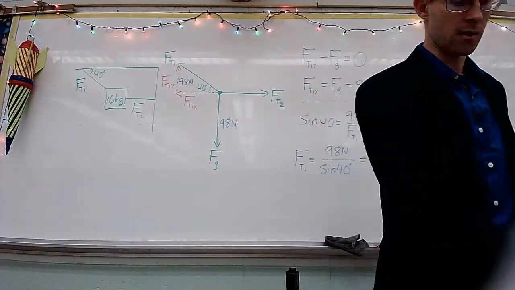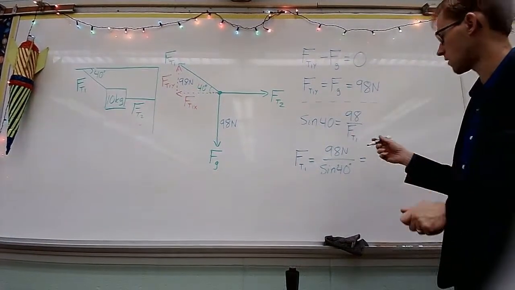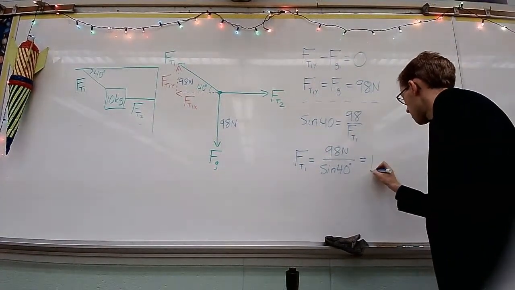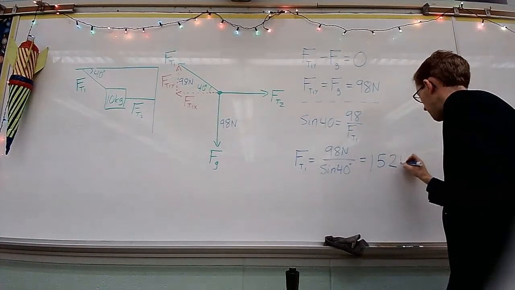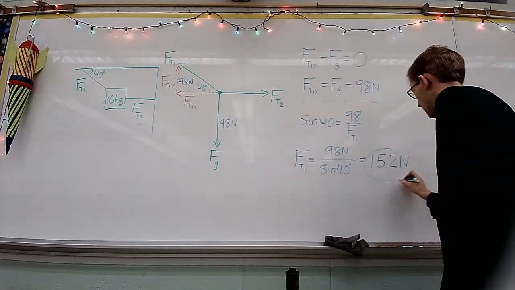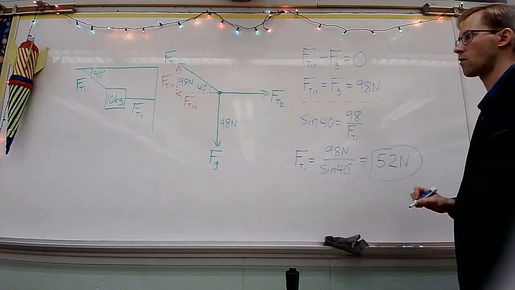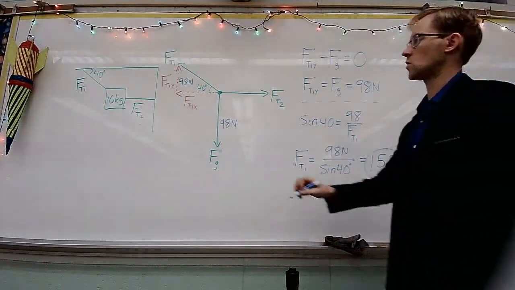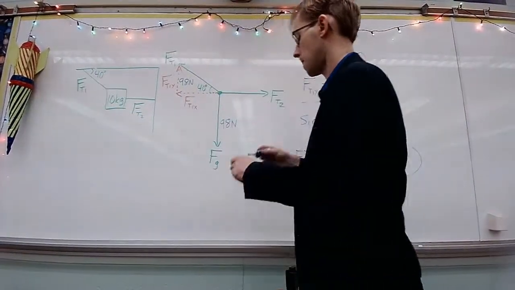Because I round to 3 digits, I'm rounding to 152. 152 newtons is tension number 1. So tension 1 is 152.